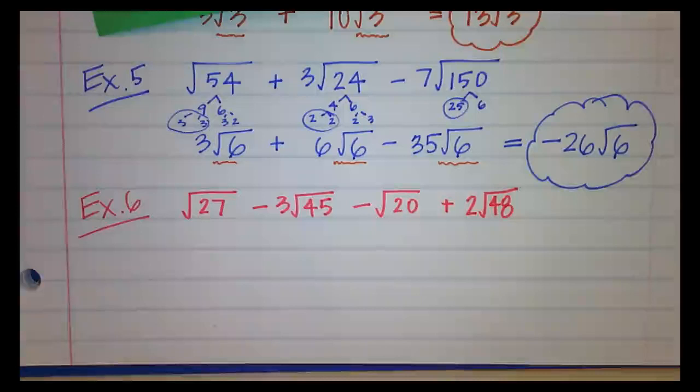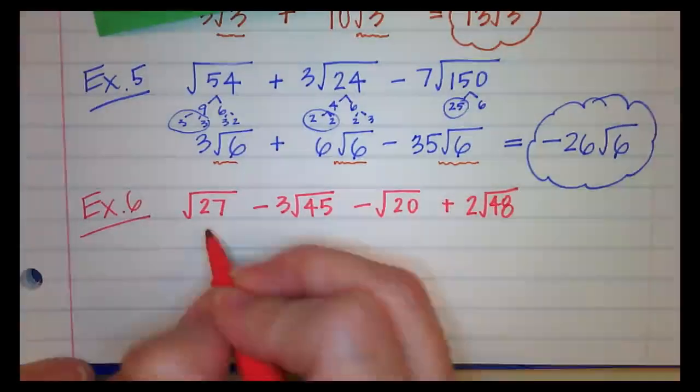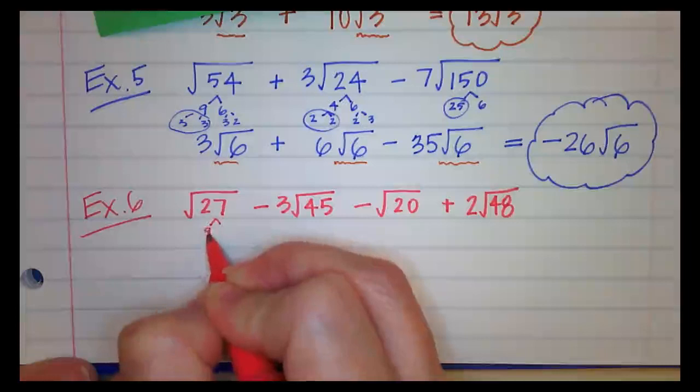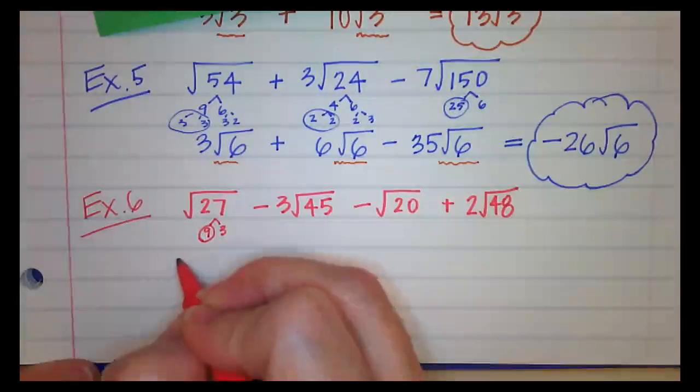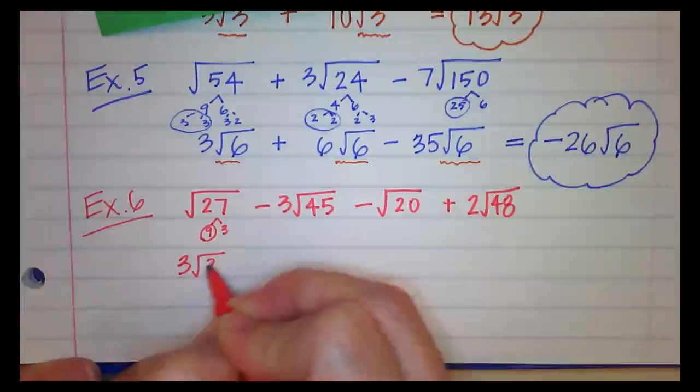Nothing right now is a common radical, but I happen to know that I can simplify all of these. All right, so let's see. 27 would be 9 and 3. That would be a pair of 3's. So this is going to become 3 root 3.